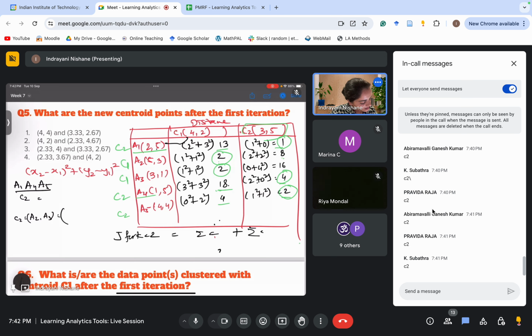The x coordinate is 5 plus 3 divided by 2, and the y coordinate is 3 plus 1 divided by 2, which gives us 8 divided by 2, 4, and 4 divided by 2, 2. So after the first iteration, this will be our centroid C1. Okay, so now coming to C2, we have to average the 3 points.